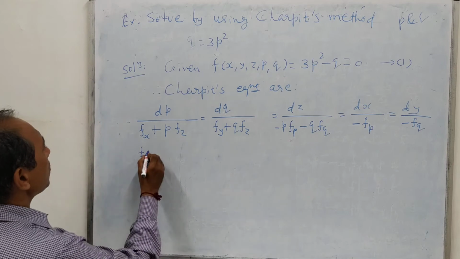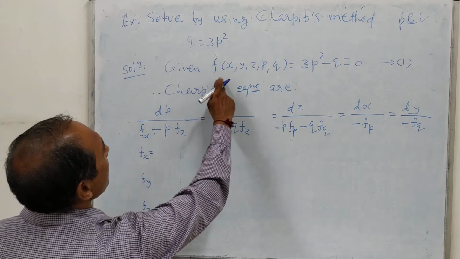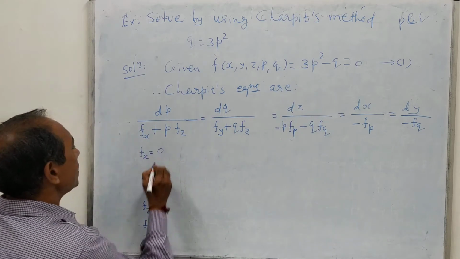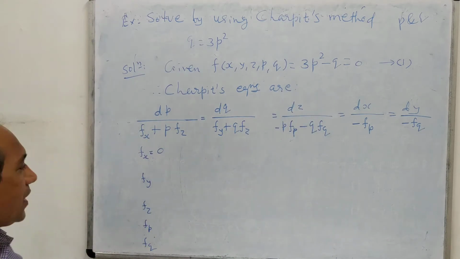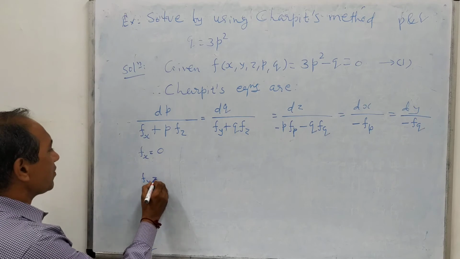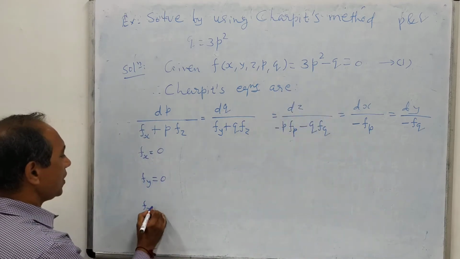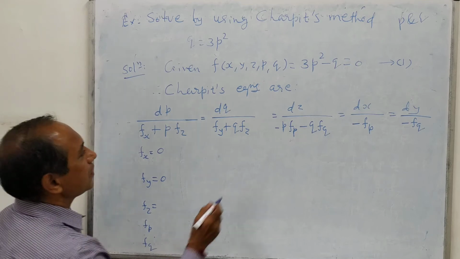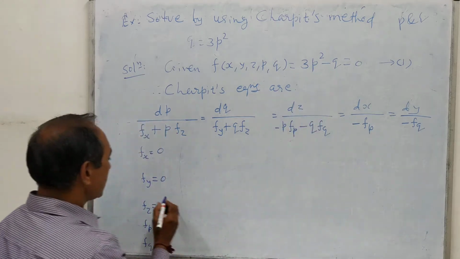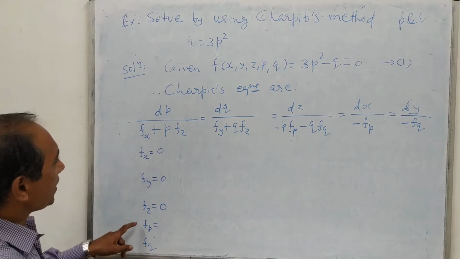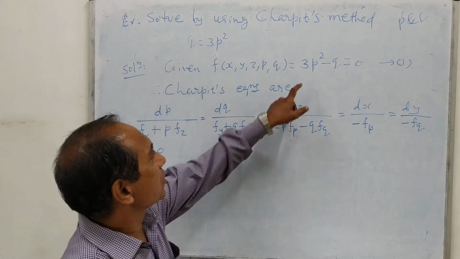So f of x is what? That means derivative of this f with respect to x. Here is no x, so the derivative is 0 because everything else we are considering as constant. If we find the derivative with respect to y, again there is no y, so it is 0. The derivative with respect to z, again there is no z, so the derivative is 0. Now f of p means derivative with respect to small p.